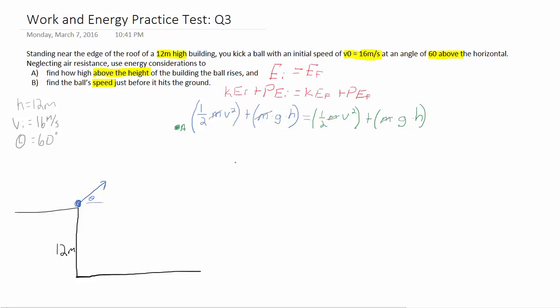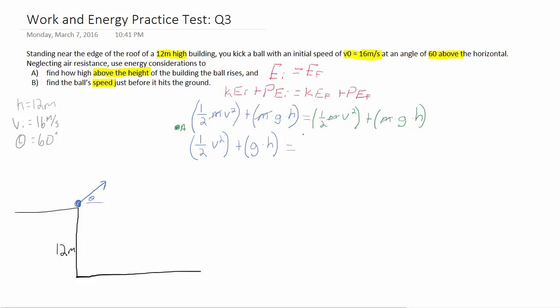So now we have 1/2 times velocity squared plus gravity times height. And we know what our initial velocity is. We know what gravity is. We know our initial height of 12 meters. And so we should be able to fill out this side of the equation.